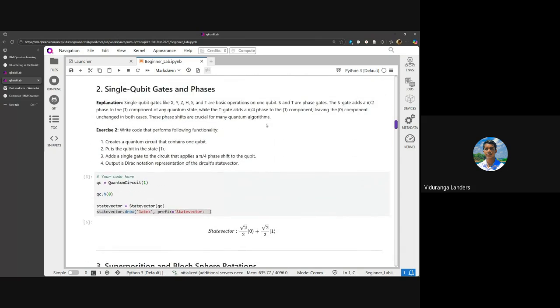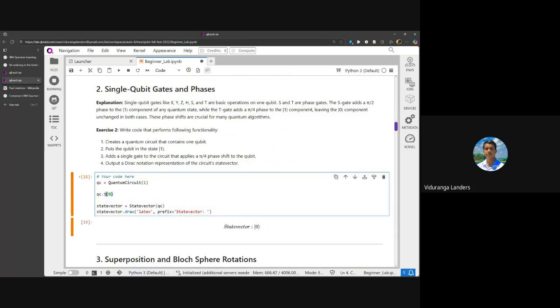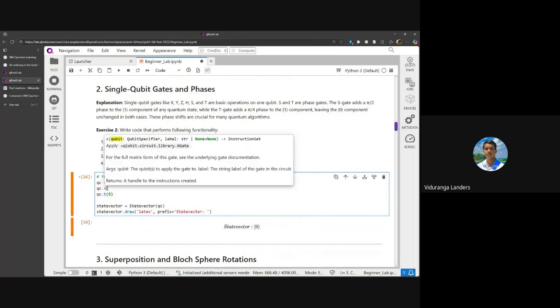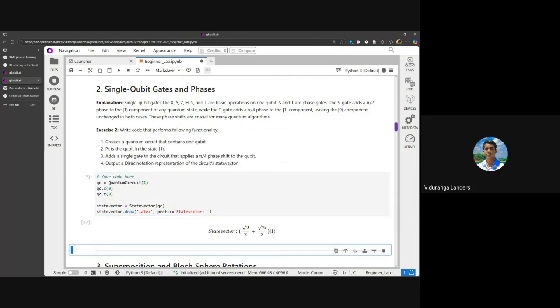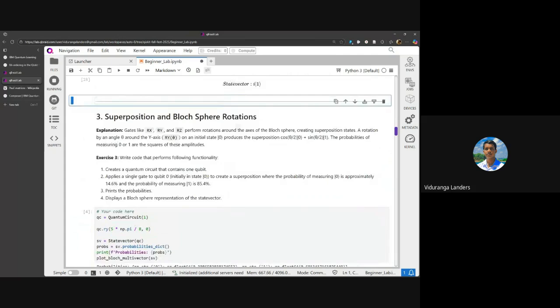So we could achieve some intermediate states with those. If we go with S, it's not going to do anything, because this is a phase shift. But if I add it like this, then it might do something. Yeah. So now you can see we can achieve some more states with these additional gates.